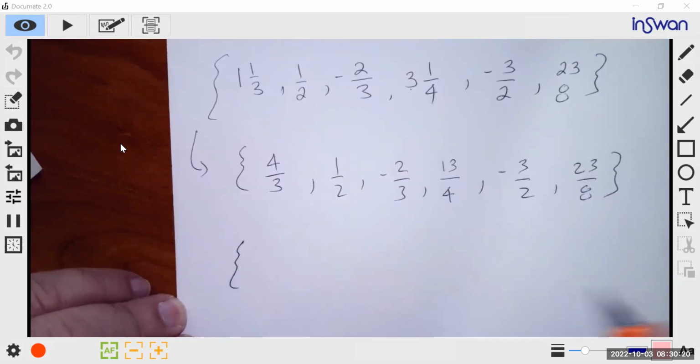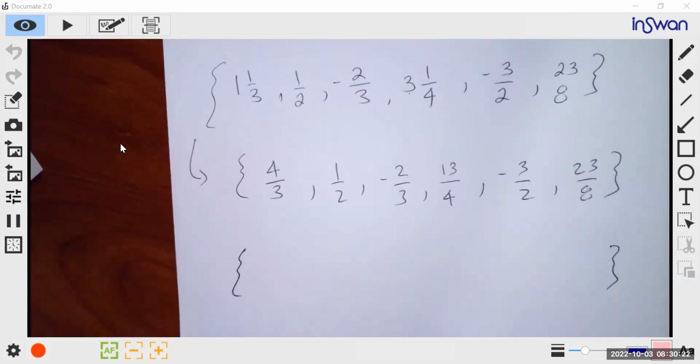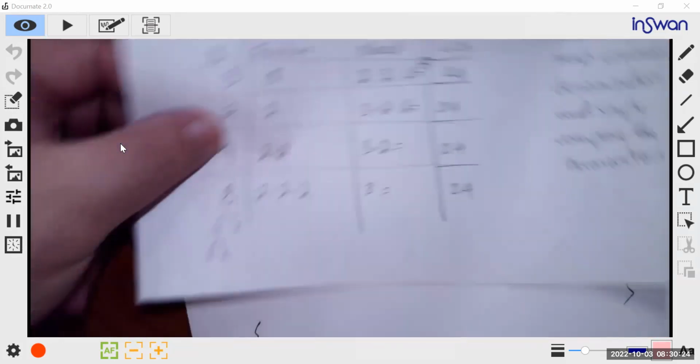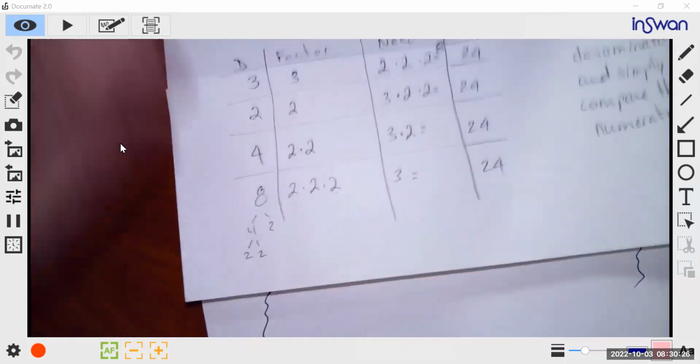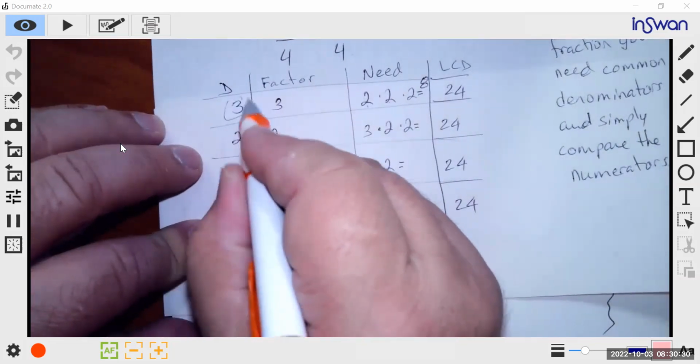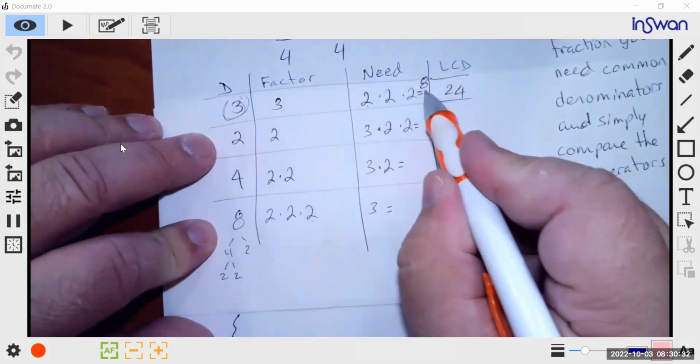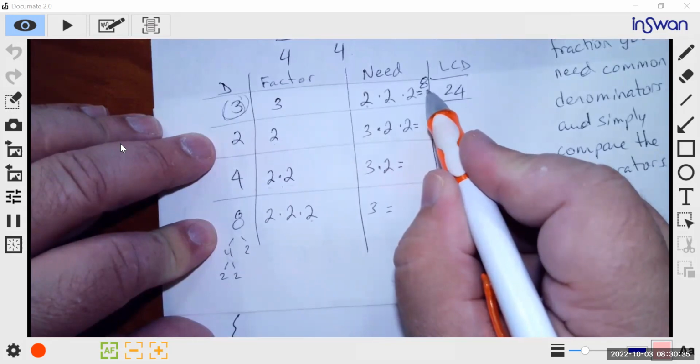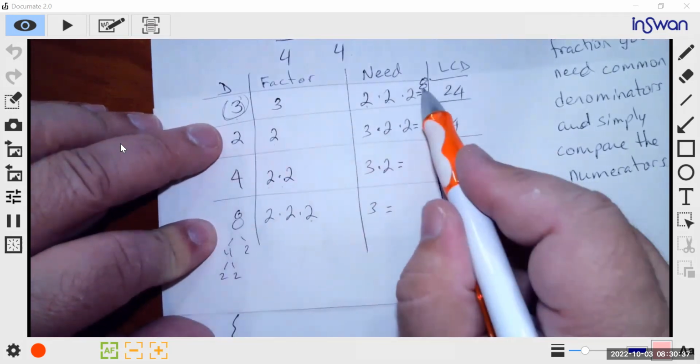Now, what this method does is any denominator that has a 3, we multiply 8 to the top.